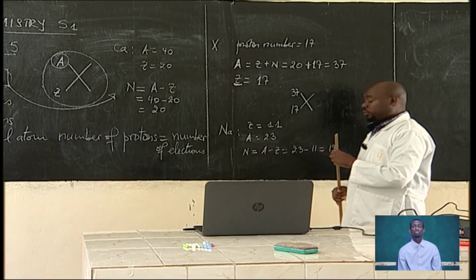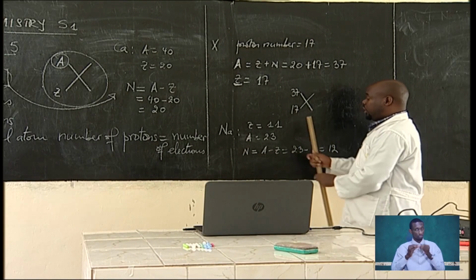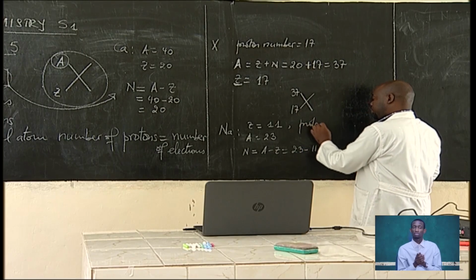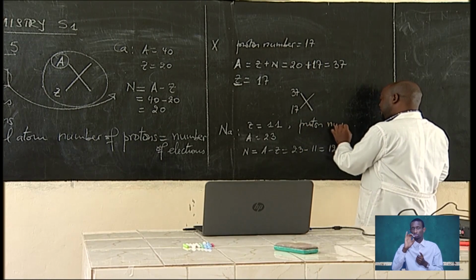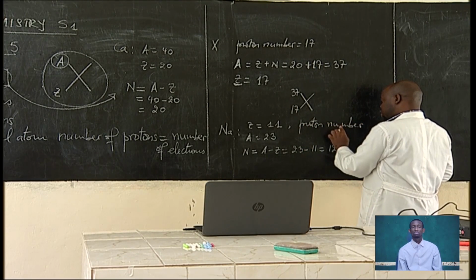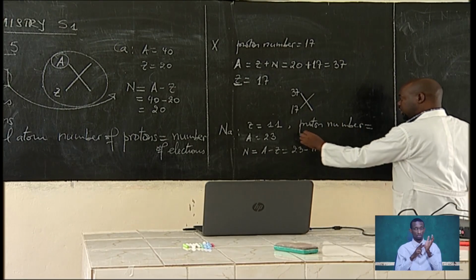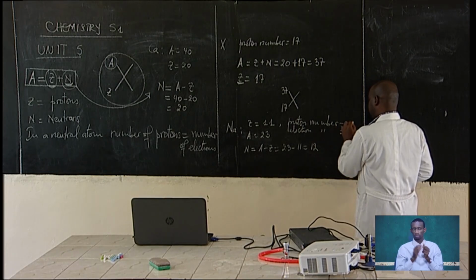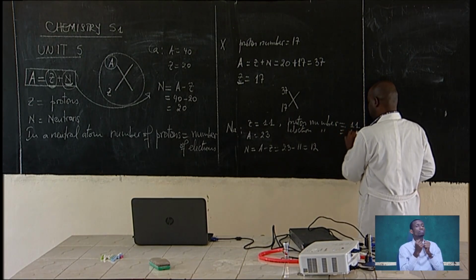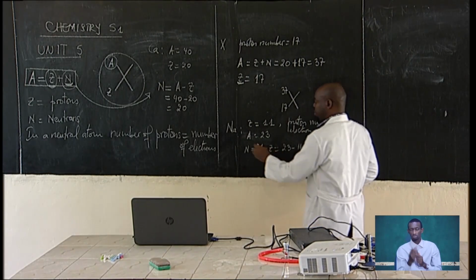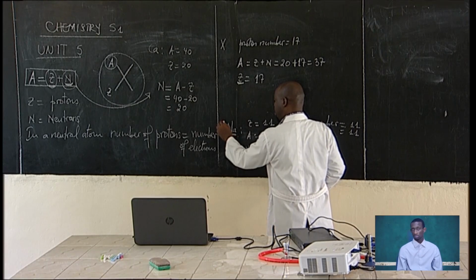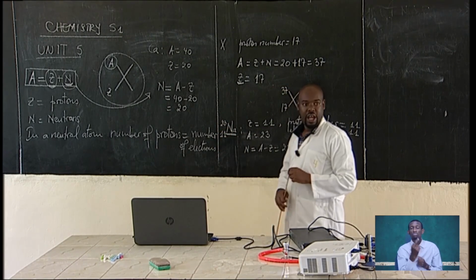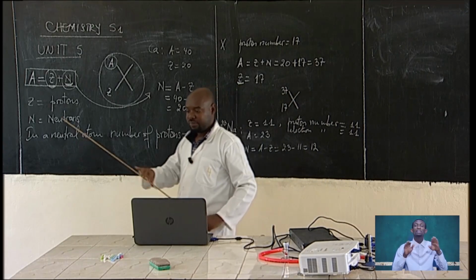So with the atomic number, we have the proton number, which is the same as the electron number, and it will be 11 and 11. And we represent this sodium like this, 23 and 11. And we are done with the exercise.